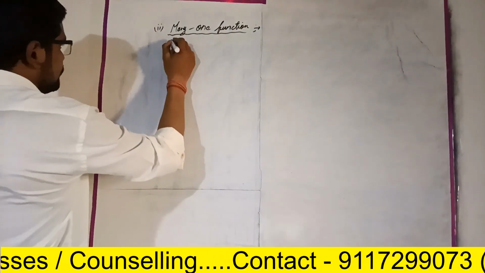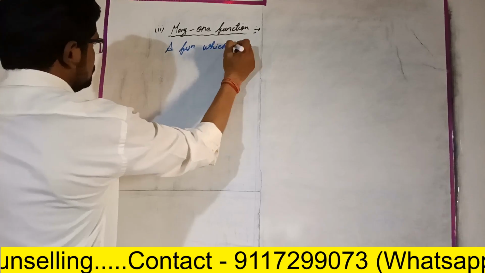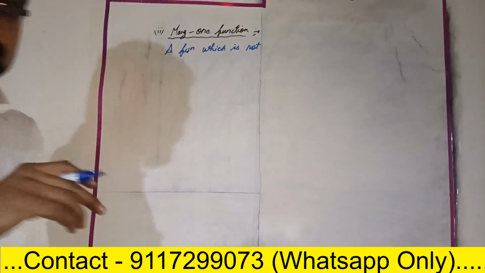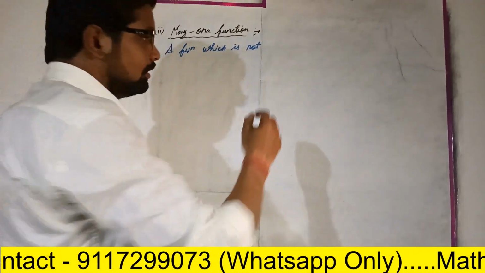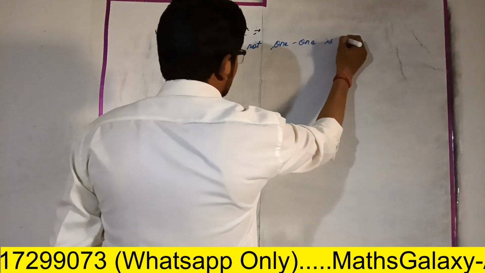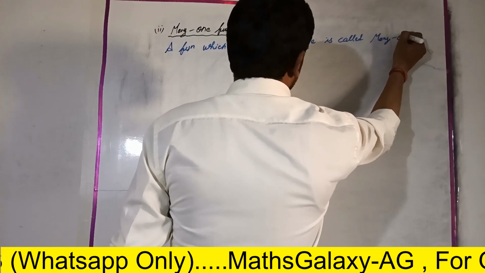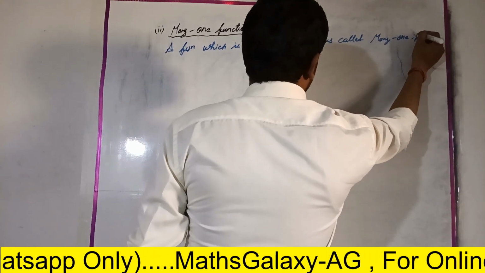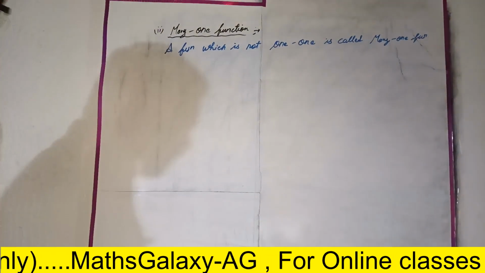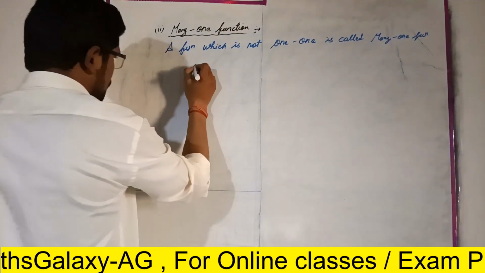What we will say is that a function which is not one-one is called many-one function. Is it clear? Or we can say that also. Okay, let's first see the example.